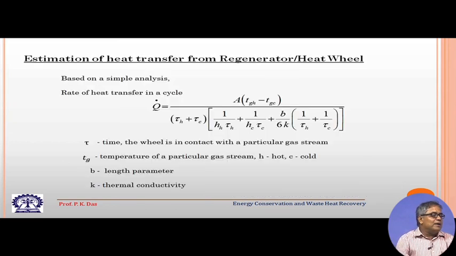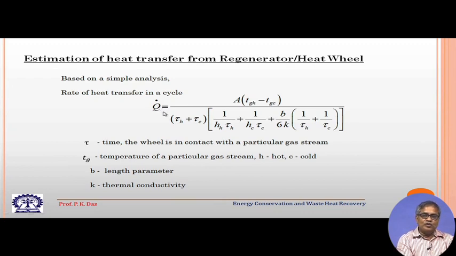One can estimate the heat transfer from a regenerator or heat wheel. The analysis is made with a lot of simplification. We are not going through the analysis, but I would like to give you the relationship which is approximate, but it gives you some idea on which parameters the rate of heat transfer depends. This is the rate of heat transfer.